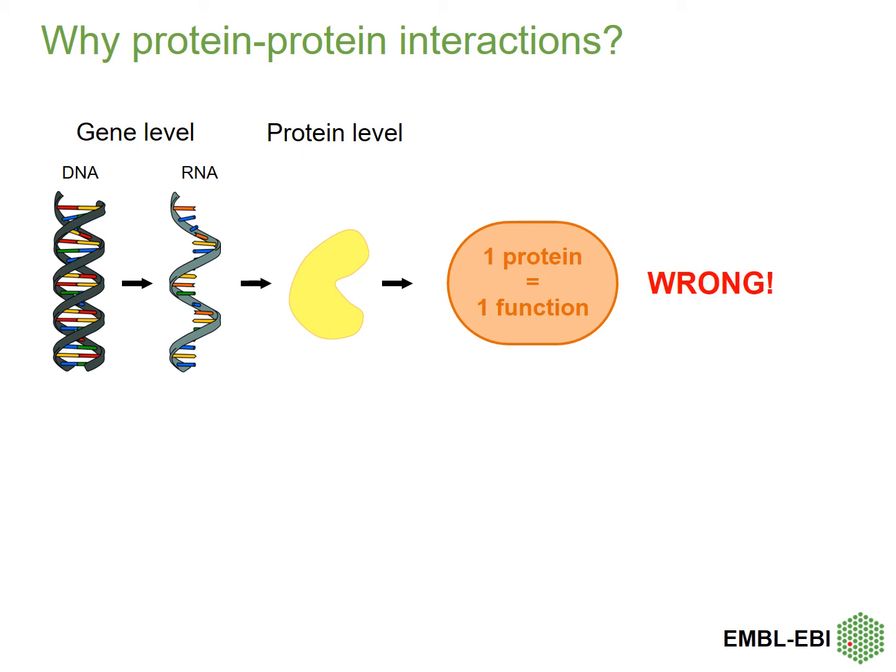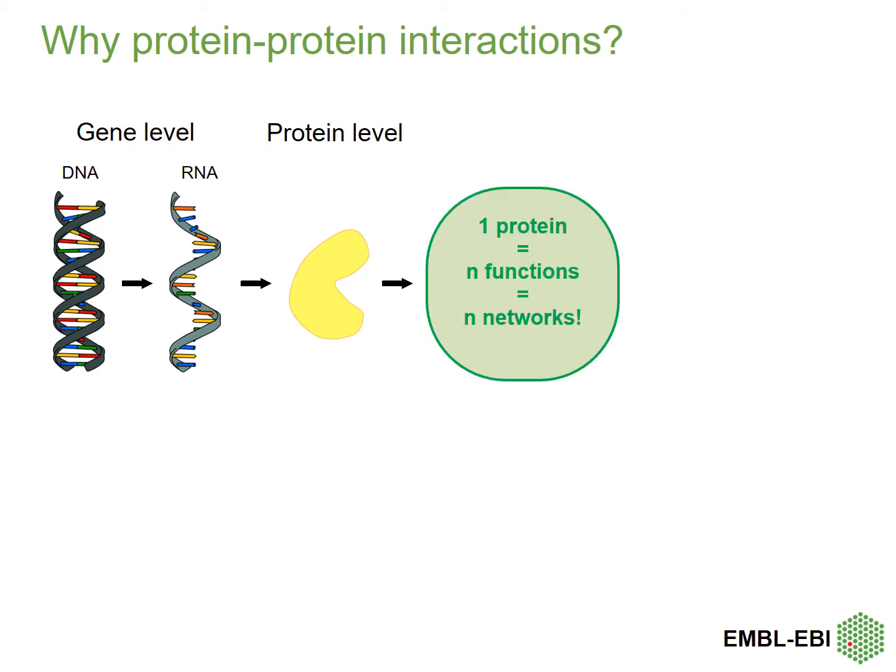And that's not true anymore, if it ever was true. A protein has an interactome. It has end functions. We may not know all the functions, and it participates in unknown networks, and that's what we want to define.